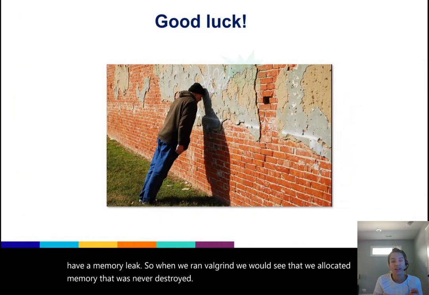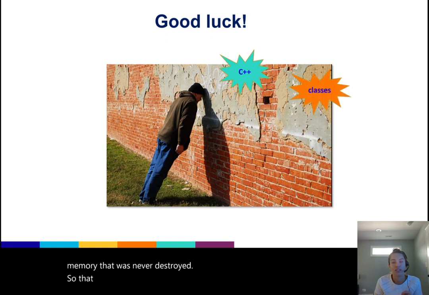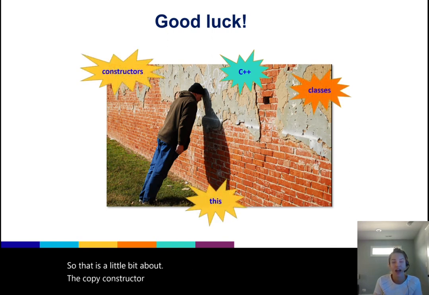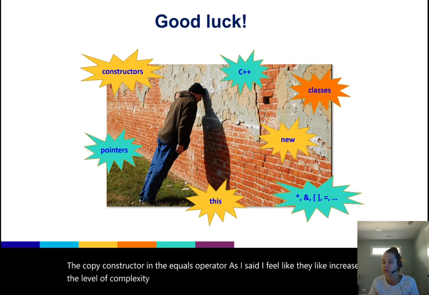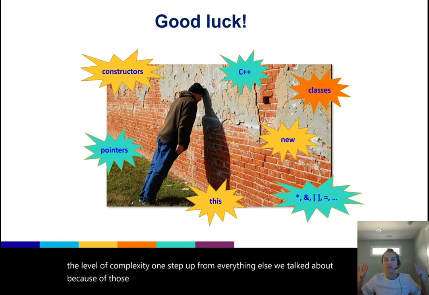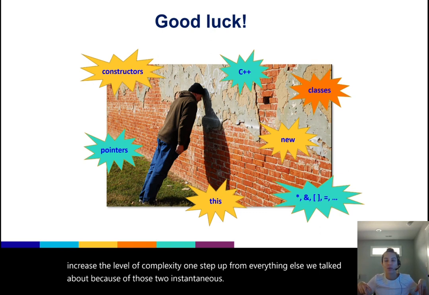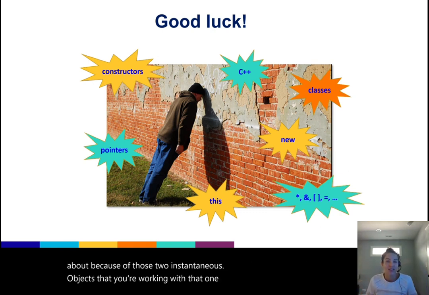So that is a little bit about the copy constructor and the equals operator. As I said, I feel like they increase the level of complexity one step up from everything else we talked about, because of those two instantaneous objects that you're working with at one time. So it's a lot.